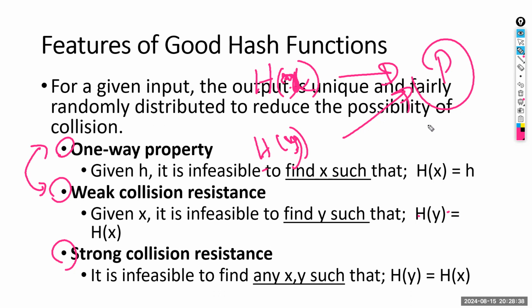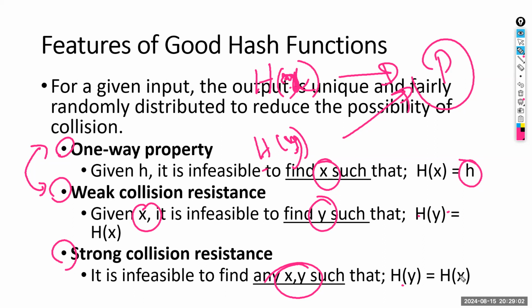You can see hash is given, find x. X is given, find y. And this one is find x and y such that hash y is hash x. So that means find two values where you get the same hash value. So you must not be able to find that kind of thing also.